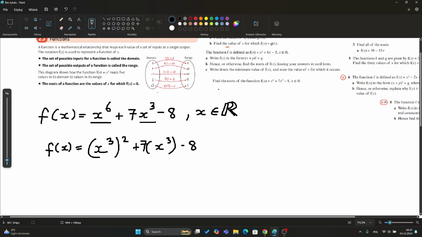then we can see that this represents a quadratic equation, and we can solve it by factorization, the quadratic formula, or completing the square.